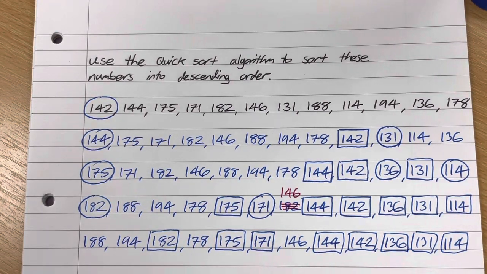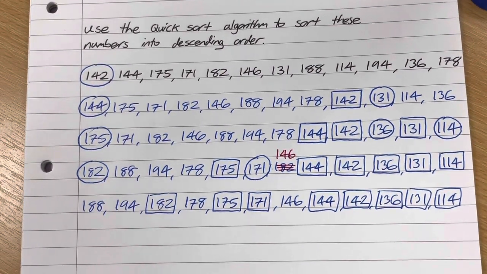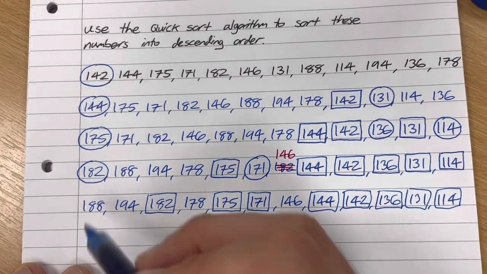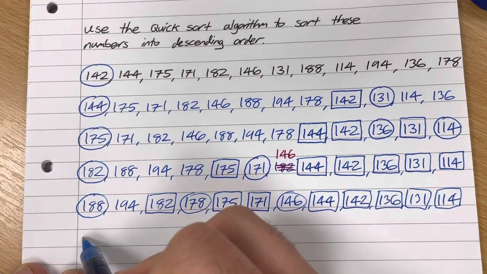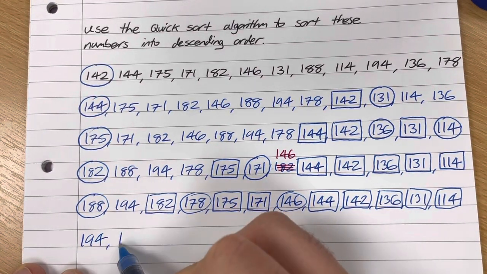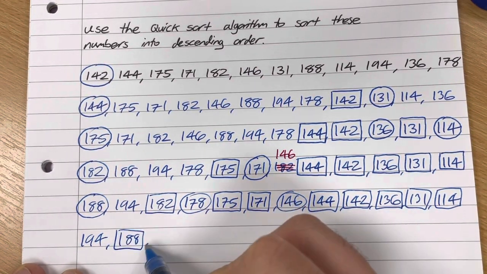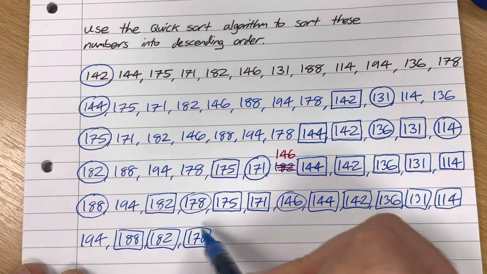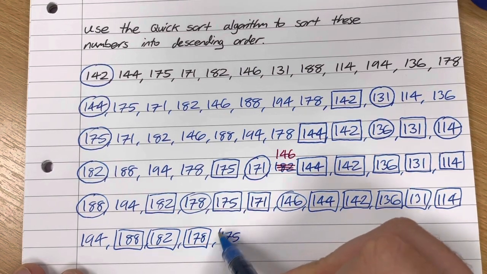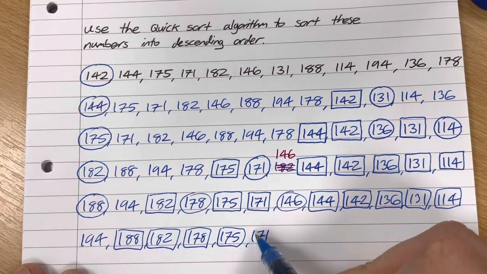Okay, we've now got 3 sublists, but this will finish the algorithm now. So this is the pivot, this is a pivot, and this is a pivot. So we're going to get 194, then 188 is boxed, 182 is boxed, 178 is boxed, 175 is boxed, 171 is boxed.